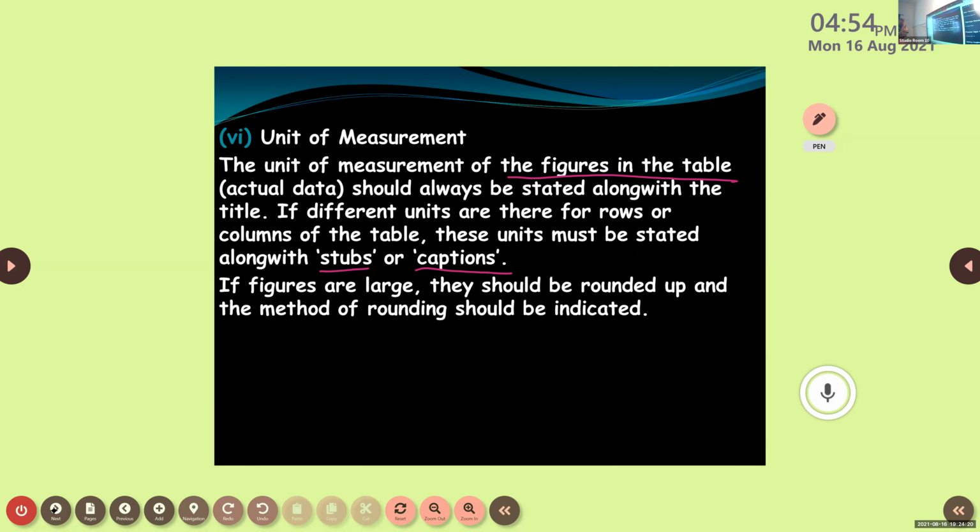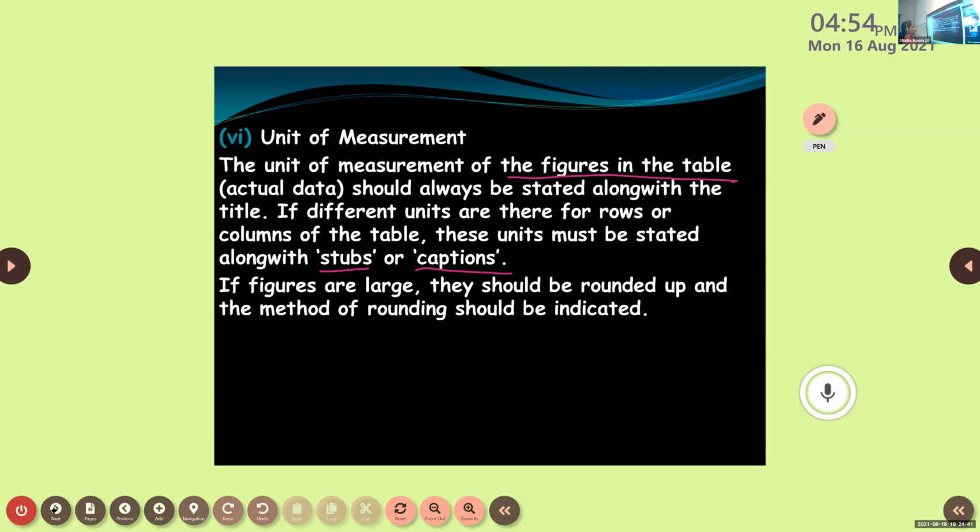So what do you mean by unit of measurement? One unit of measurement we are using in the table will always be with the title. If we are using different units, that will be near the row heading or near the column heading.